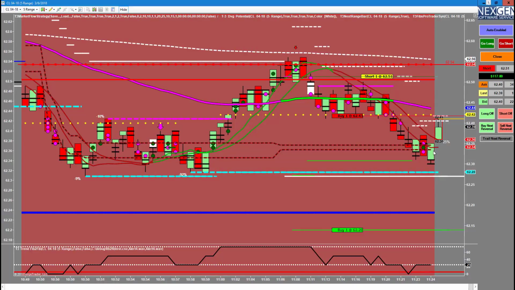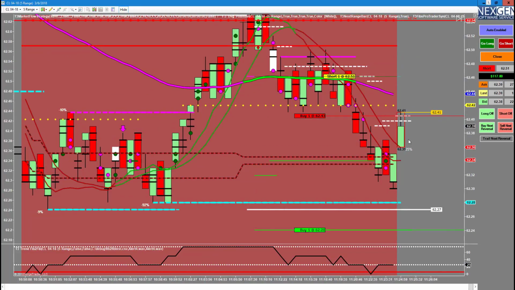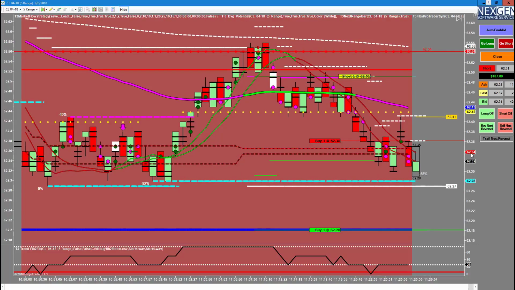Again, you want to give it a little bit of room so that you can stay in that trade if possible. I just wanted to move it around so you can see if you pull it down too tight, they're going to bump you. So I moved it out of the way so it didn't get bumped.